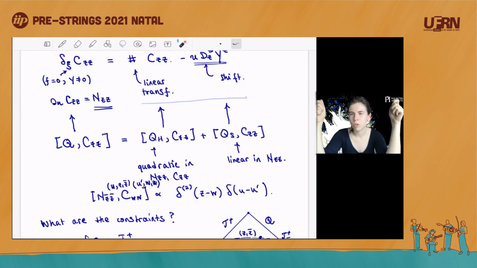And I think there are proposals to measure this in future gravitational wave experiments.